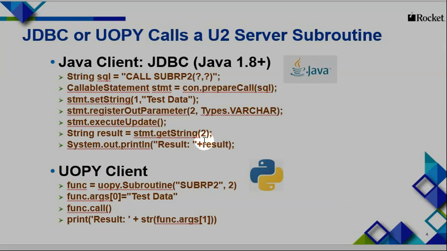So when you develop your application, you might want to get the particular source code, which is Java code, or the third one, which is Python code. When you get the Python code, you can install the uopy driver very easily, and you can look in my other video about how to install the uopy client.